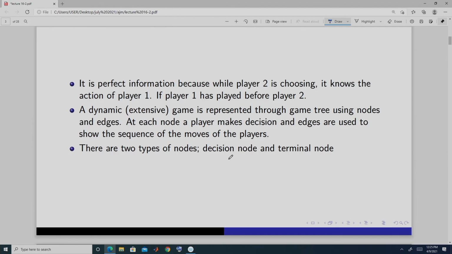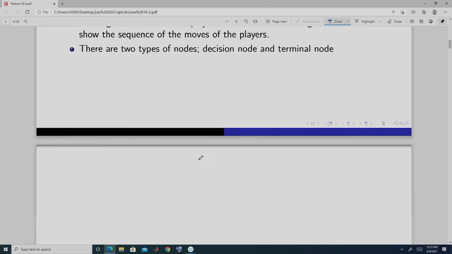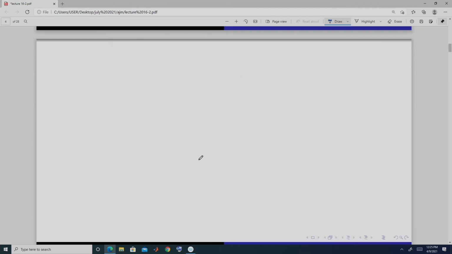Dynamic games are generally represented through a game tree, and in the game tree we use edges and nodes. Nodes are where each player is making a decision or choosing their action, and edges denote the movement of the game. You will see one example here.